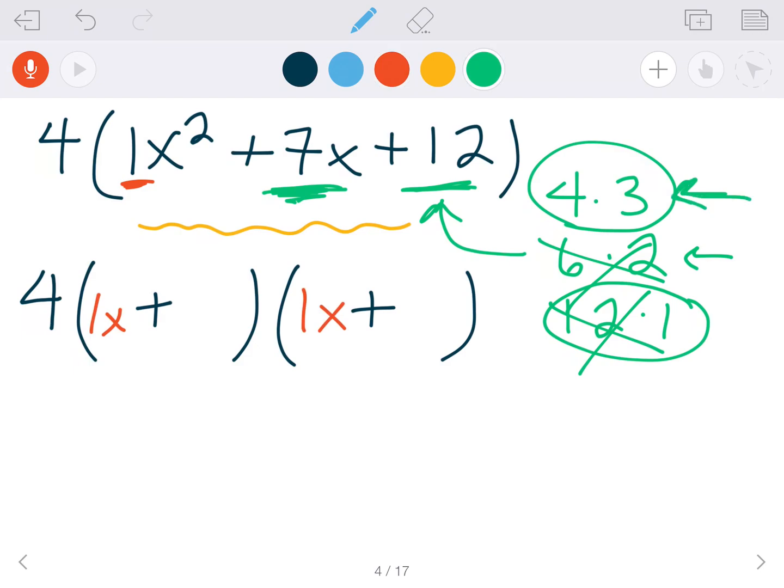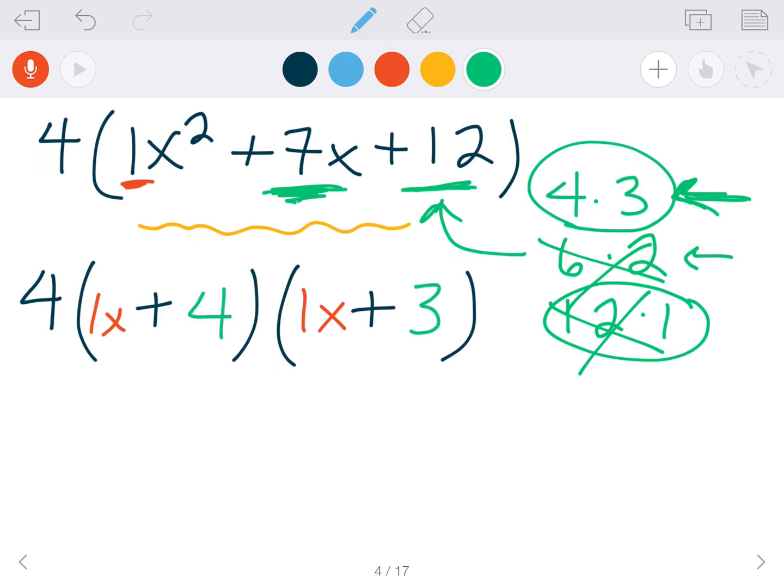And we agreed that the 4 and the 3 are going to be the two numbers that we use in these spaces right here. And because we have a 1x and a 1x, it doesn't matter what order we put the 4 and the 3 in. So I'll just do, and I'll use green just to stay consistent, 4 and 3.